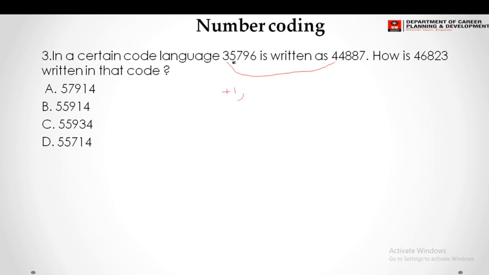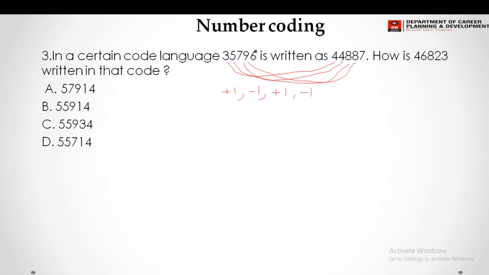The second one is also 4, so this is minus 1. Next is 7. How does 7 become 8? Again this is plus 1. 7 plus 1 is 8. Then how does 9 become 8? 9 becomes 8 because of minus 1.